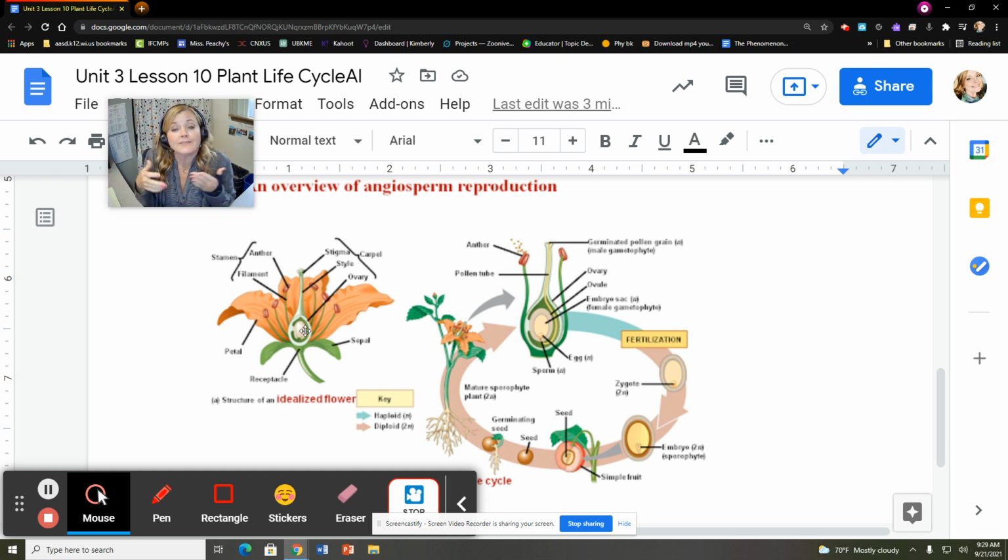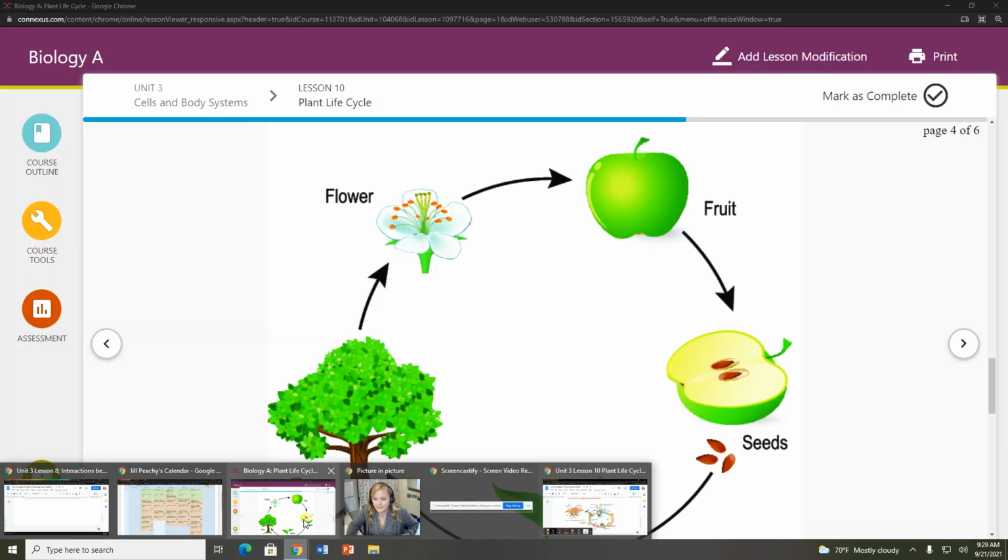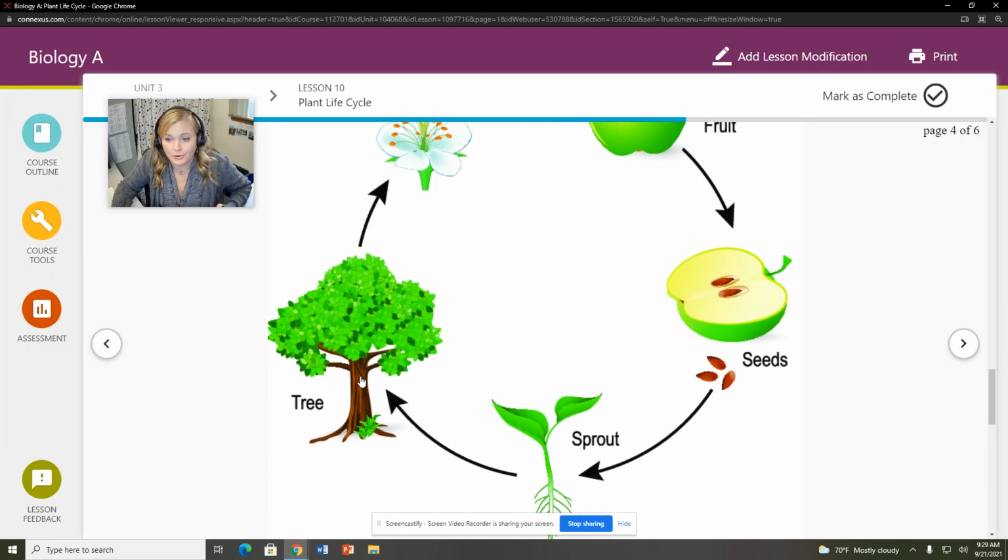Seeds are an evolutionary step above spores in that the little embryo now has food, and seeds can be spread and can remain dormant for a while and still survive, whereas spores have to grow pretty much immediately. So they're a little different, but they still have the same function. And the whole plant itself is still the sporophyte. It's just that they're not producing spores.